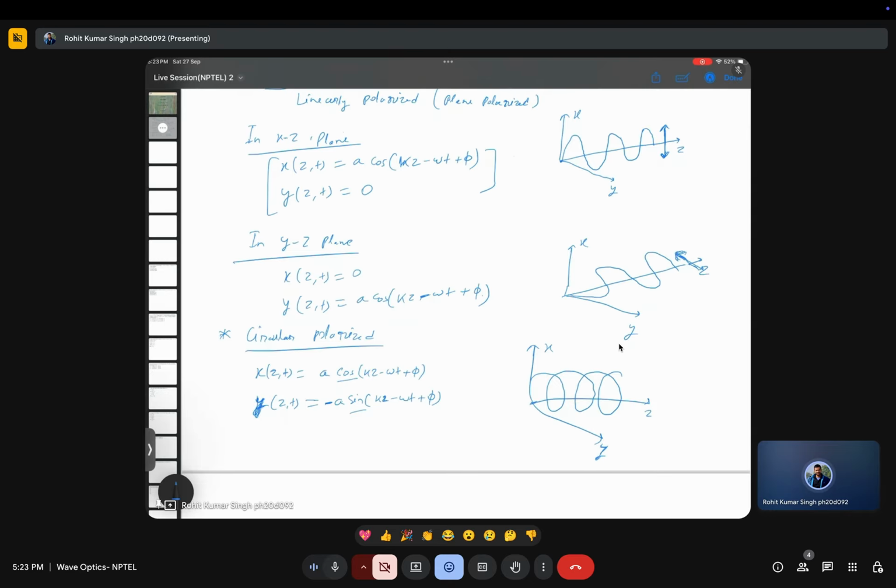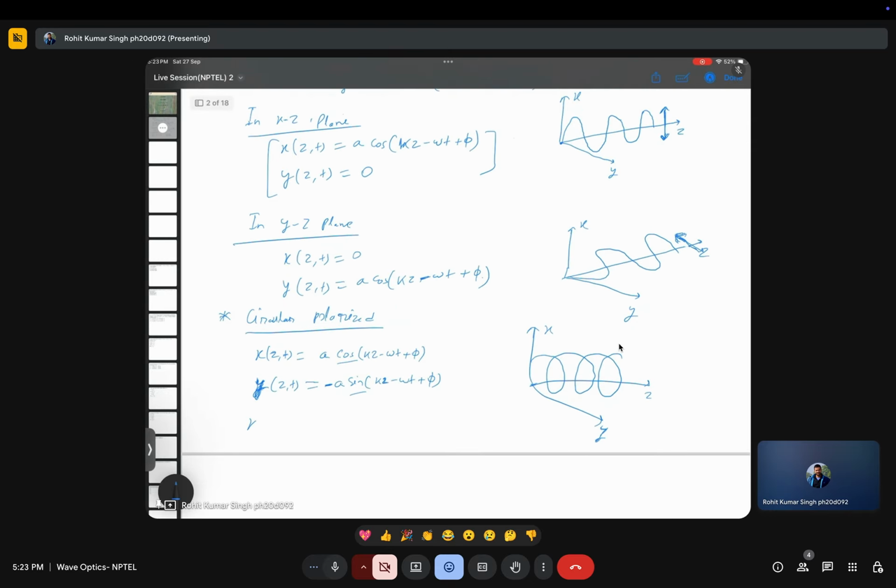To see this, you can square both of them, RHS and LHS, and add them, and you will get this, right? And what is this? This is the equation of a circle, remember?